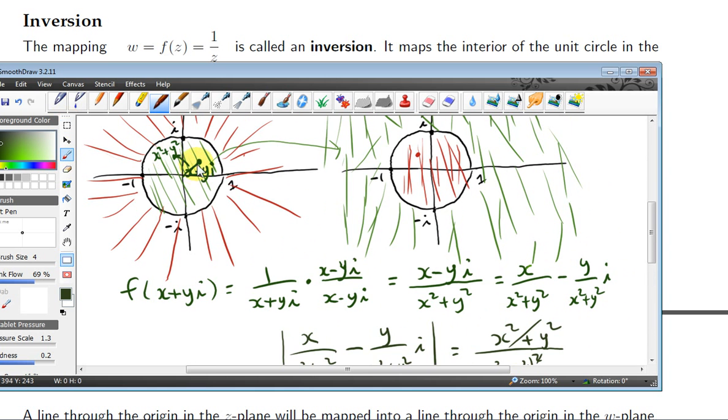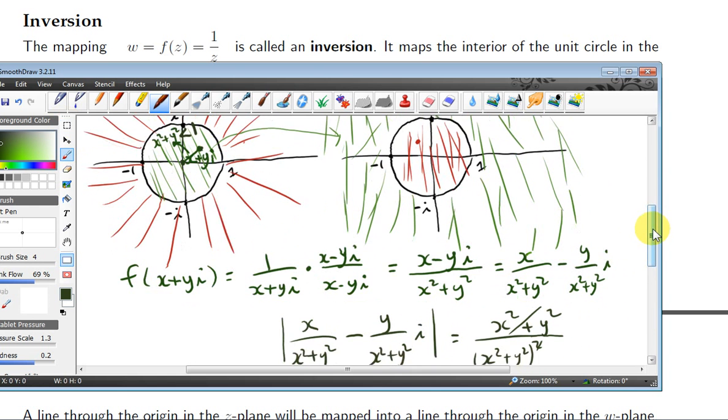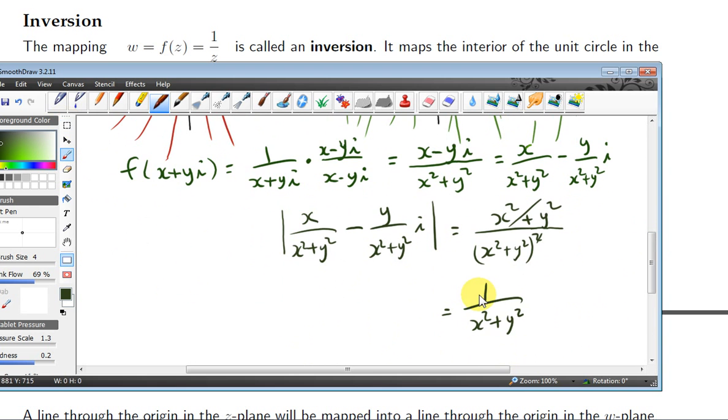But we can see here that for this complex number that's inside the unit circle, the modulus x squared plus y squared is less than 1. So the distance from here to here is less than the radius of the circle, which is 1. So for the modulus of the image, we get 1 over some quantity that's less than 1.